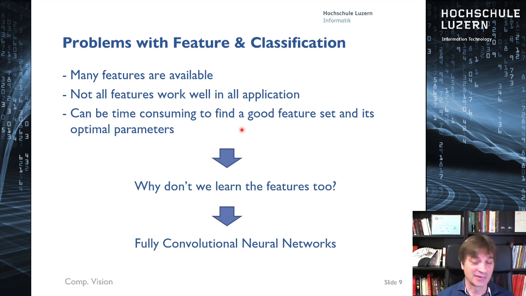So why don't we learn the features too, instead of trying to guess the features and then do the classification? And this is what we're now trying to do, and we can do this with fully convolutional neural networks.